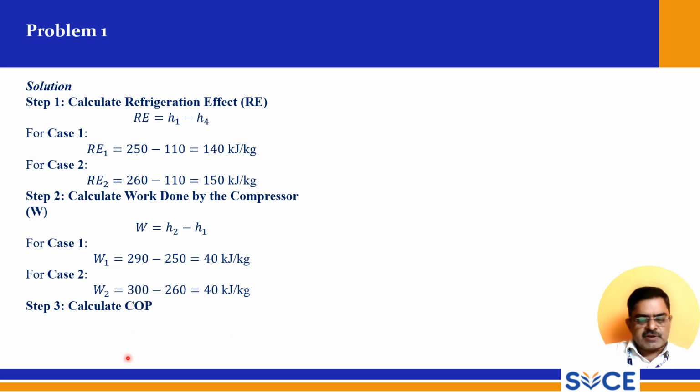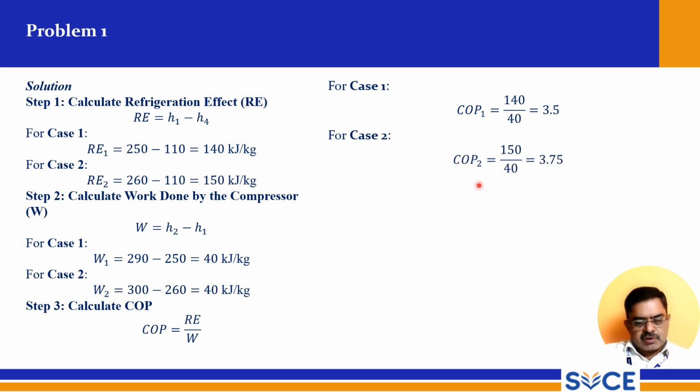And we have to find the COP next. COP is RE divided by W, that is H1 minus H4 divided by H2 minus H1. So that is 140 divided by 40 equal to 3.5, and 150 divided by 40 equal to 3.75 for case 2. That is COP 2.